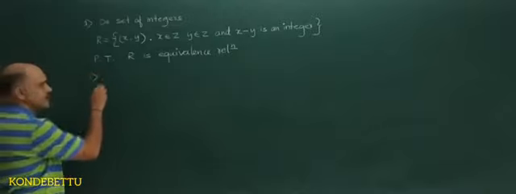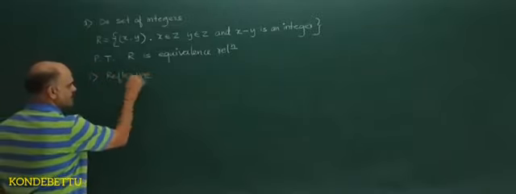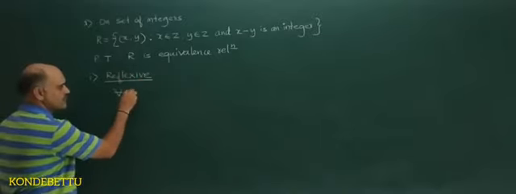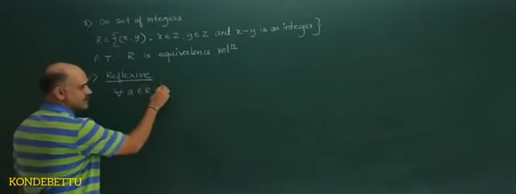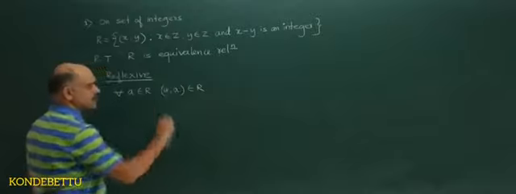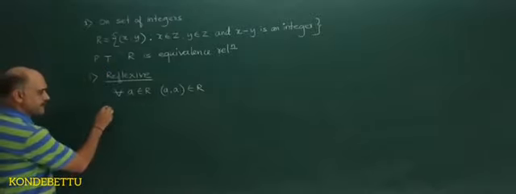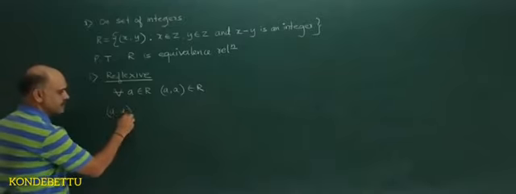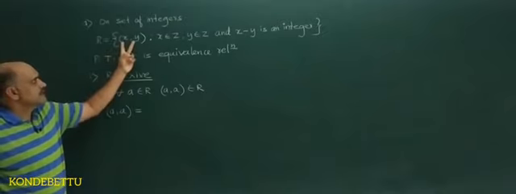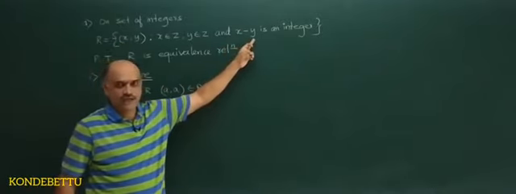So first, reflexive. What does the definition say? For all values of a belonging to R, a comma a should belong to R. So now I will take a comma a. From the definition he has given, x comma y means x minus y.